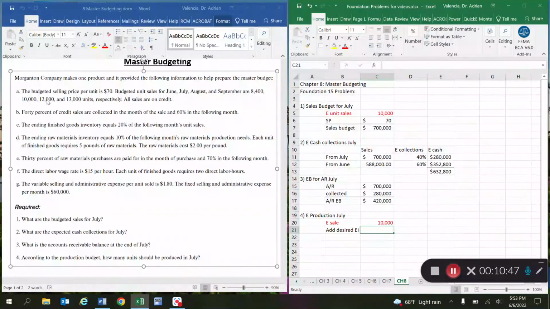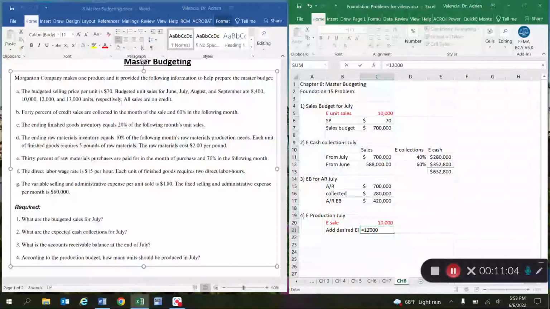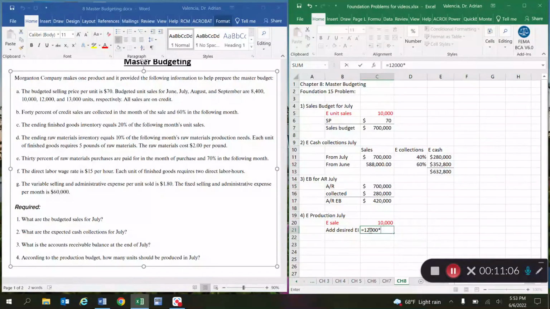Well, we're going to produce 20% of that, because at the end of July, we want to have that already ready to go. And that's going to be, so let's go ahead and do that, equal 12,000, the expected sales in August, times 20%, which is per company policy what we want to do.